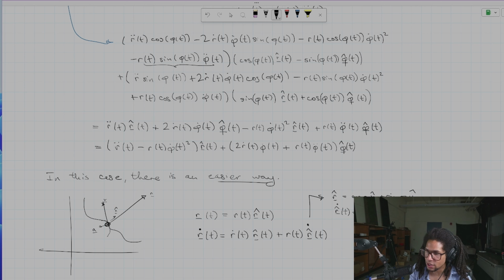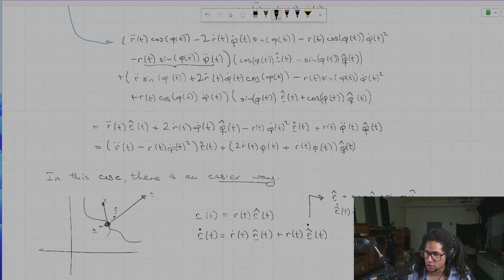So I'll get minus sine phi of t times phi dot of t x hat, because x hat does not depend on time, and then plus cos phi of t, phi dot of t, times y hat, which means I can actually just pull that phi dot out, and now I've got minus sine phi of t x hat.